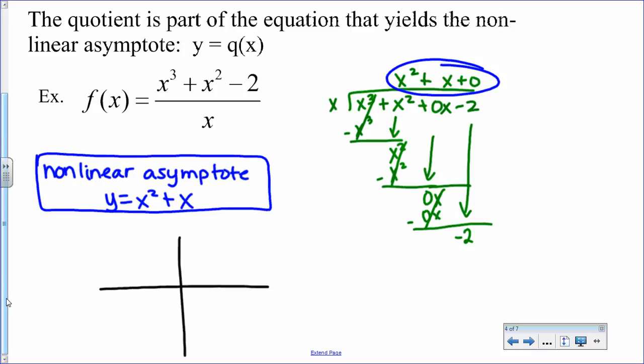first of all, I have a vertical asymptote because x can't equal 0. So I have a vertical asymptote here. And then I have this asymptote x squared plus x. So what that looks like is a parabola.